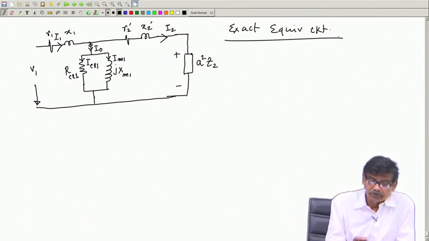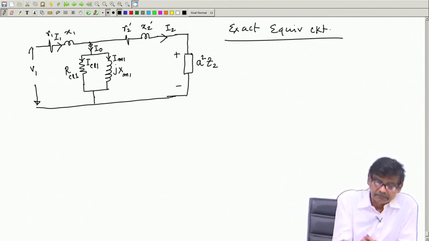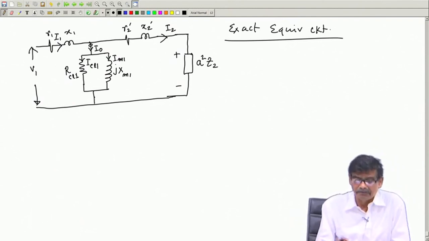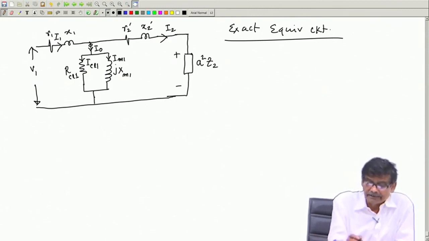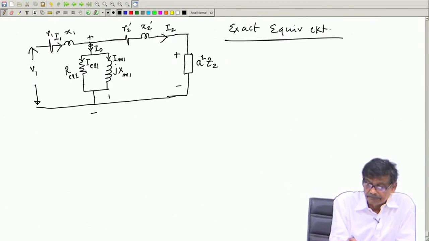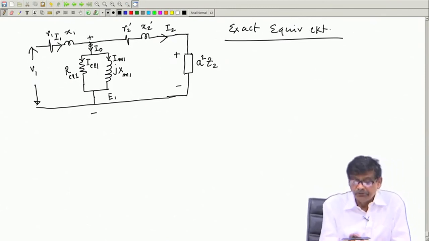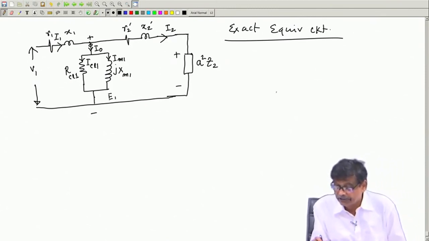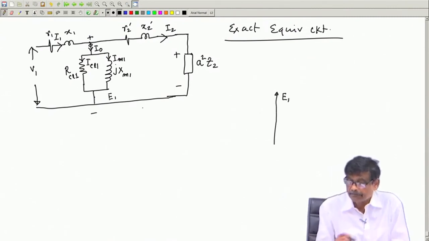Let us see how to draw the phasor diagram, which we will not be doing in fact, but let us see. Suppose this voltage is E 1. You start with this voltage to draw the phasor diagram. This is E 1. Refer to the primary side.